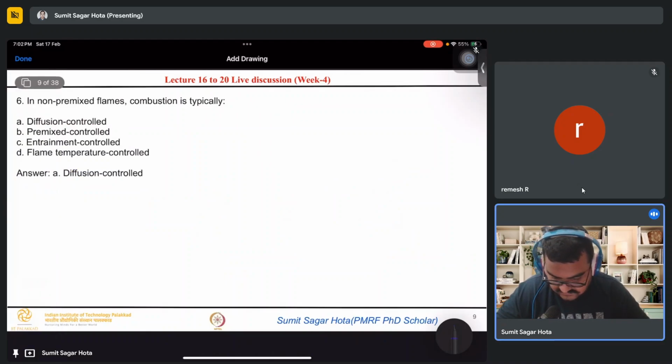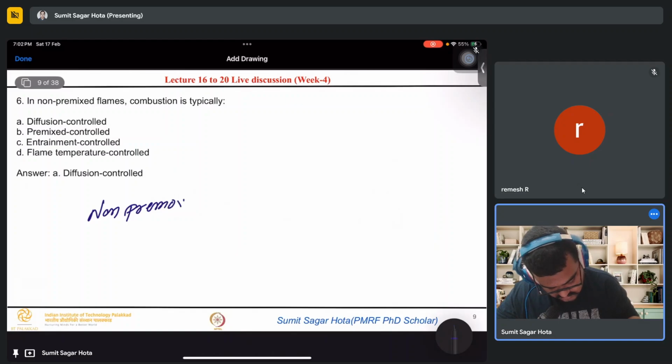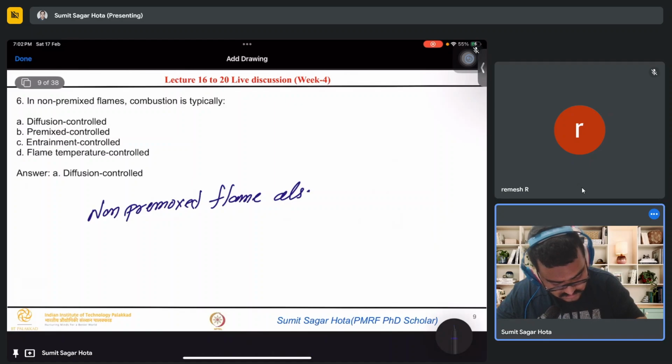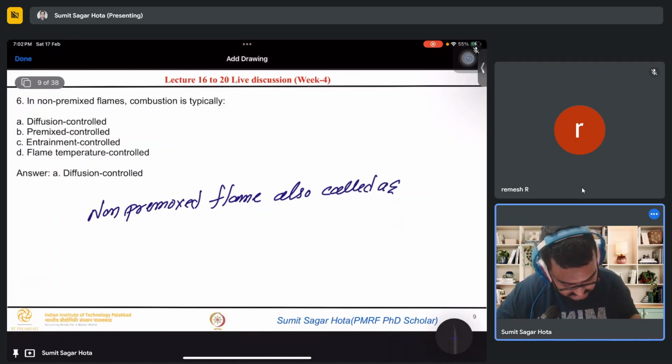In a non-premixed flame, combustion is typically what? I already told you, a non-premixed flame is also called a diffusion-controlled flame or diffusion flame. I have already written the answer.